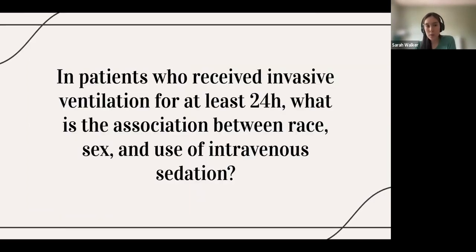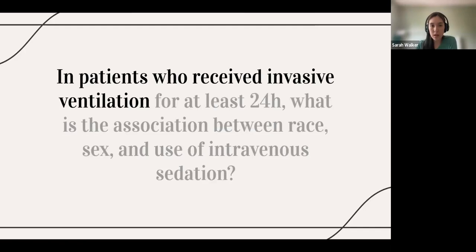Us specifically, we're looking at patients who've received invasive ventilation for at least 24 hours. What is the association between race, sex, and use of intravenous sedation? So just to break this down a little bit, first we have the patients who've received invasive ventilation. This is sort of the general cohort, the general common feature that all the people that we're studying are going to have.